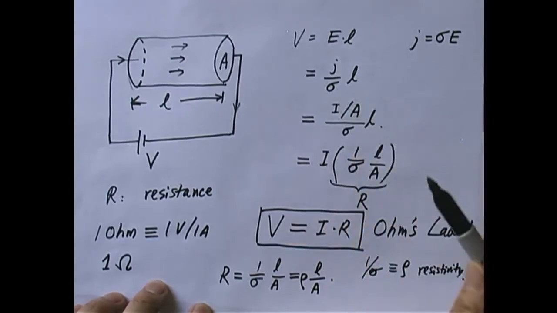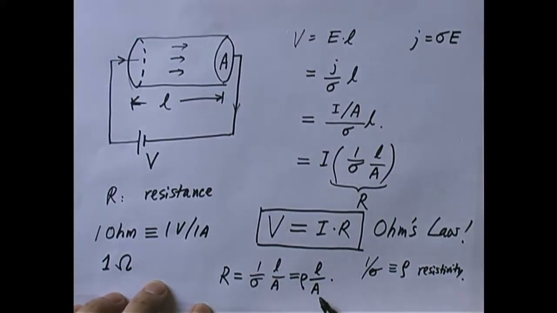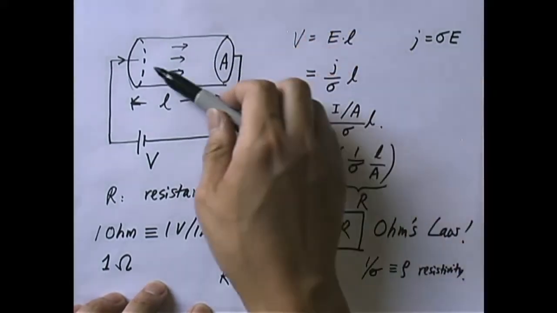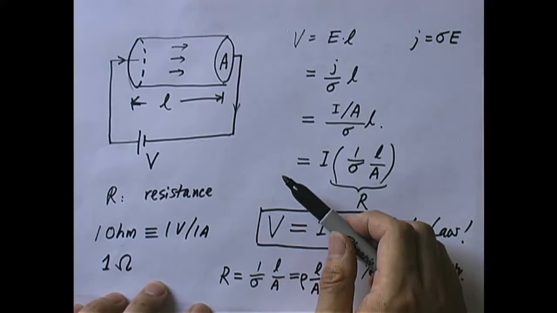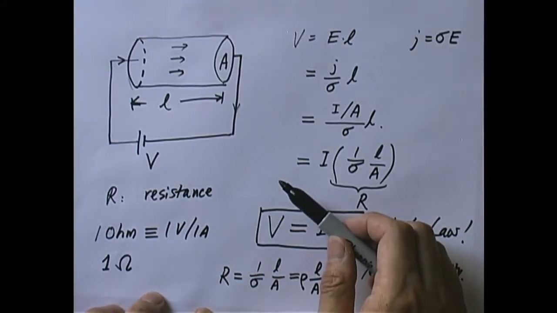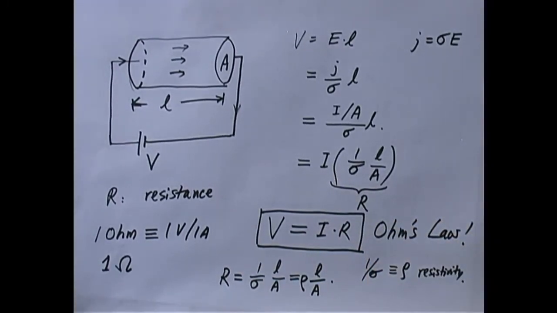That makes perfect sense. Now, what about the cross-sectional area? It says here that if you double the cross-sectional area, you get half the resistance. In other words, a fatter cross-sectional area makes the current flow with greater efficiency. You produce a greater current with the same voltage. Does that make sense? Well, that also makes sense because you can think of what happens on a freeway, right? If you're driving on a congested freeway, and all of a sudden somebody opens up another lane, how does that affect the traffic?